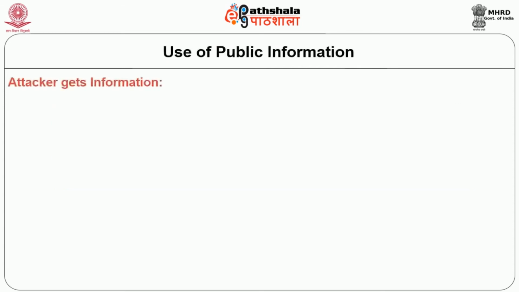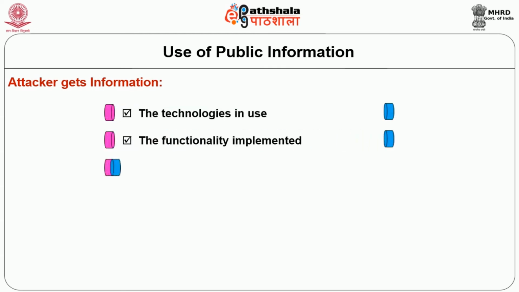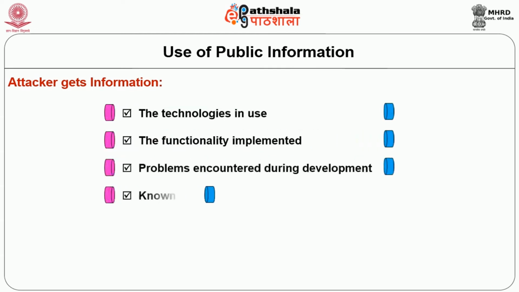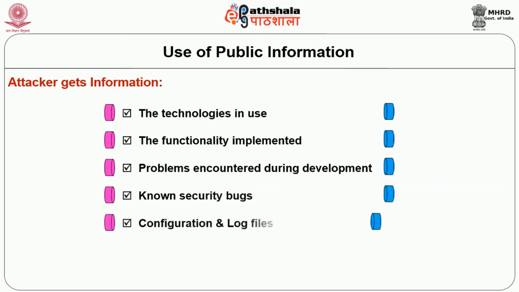Items posted to these forums contain information about an application that is of direct benefit to an attacker, including the technologies in use, the functionality implemented, problems encountered during development, known security bugs, configuration, log files submitted to assist in troubleshooting, and even a few parts of the source code.